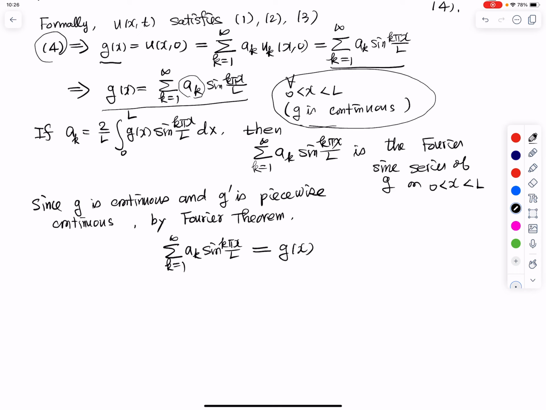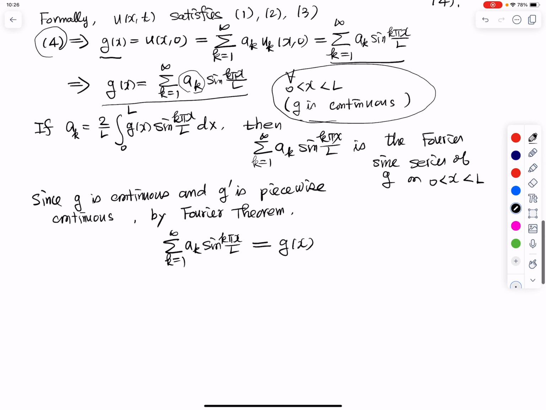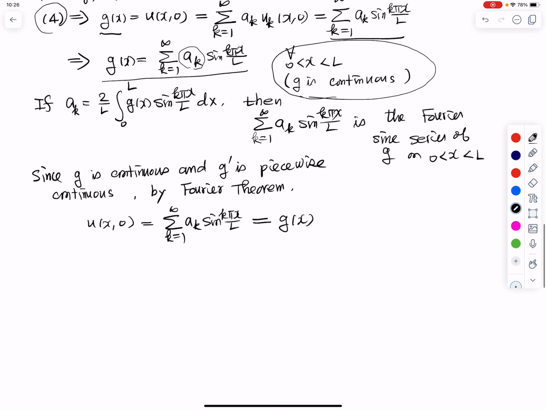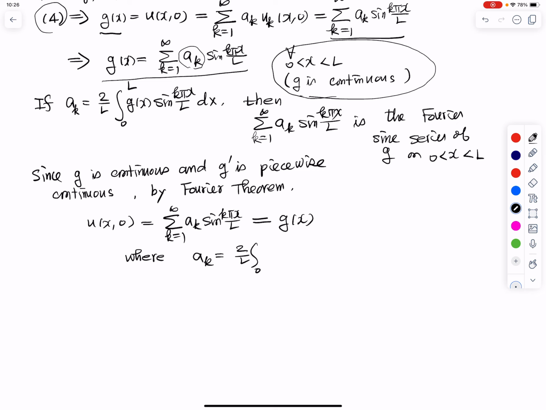Converge means they're the same. Okay, so this is actually u(x,0). Okay. So here, I just copy: a_k should be 2 over L integral 0 to L g(x) sine(k pi x divided by L) dx.